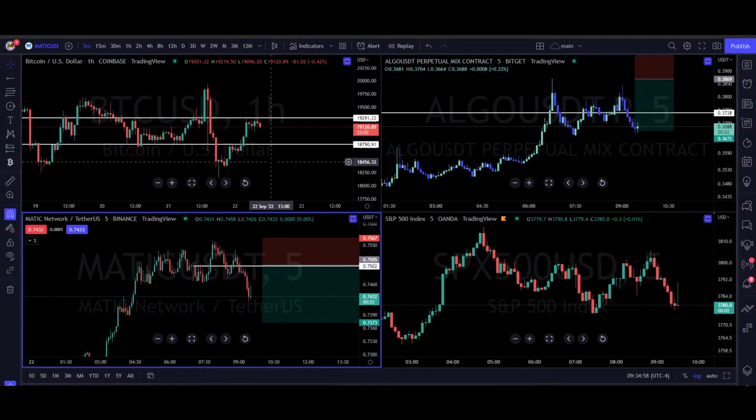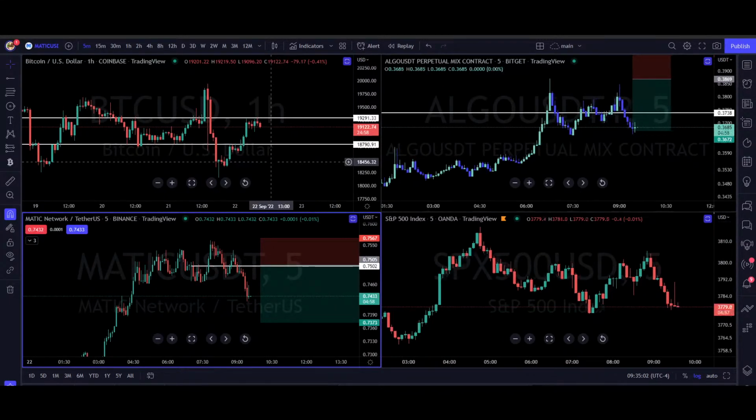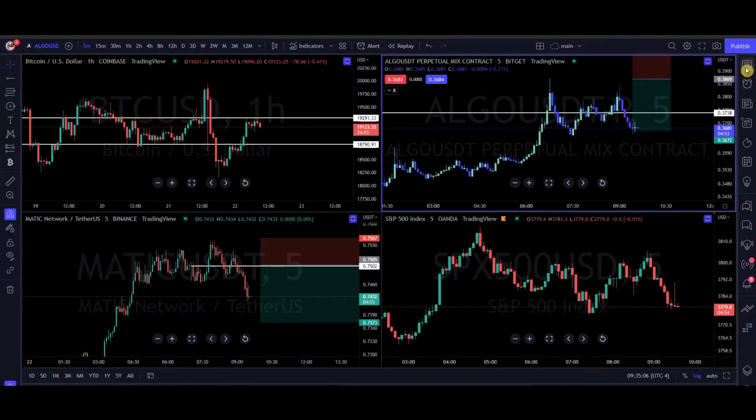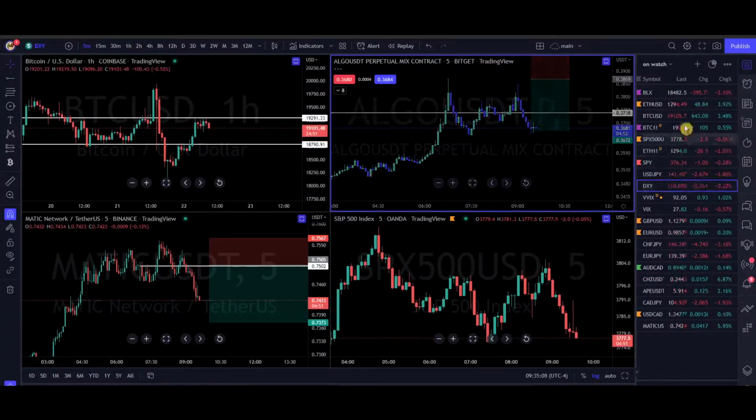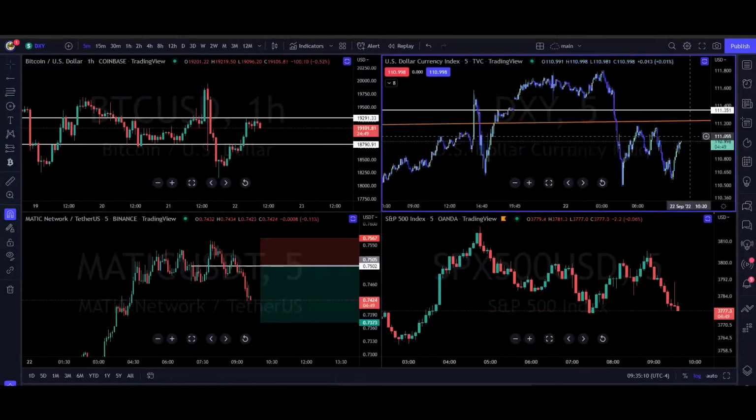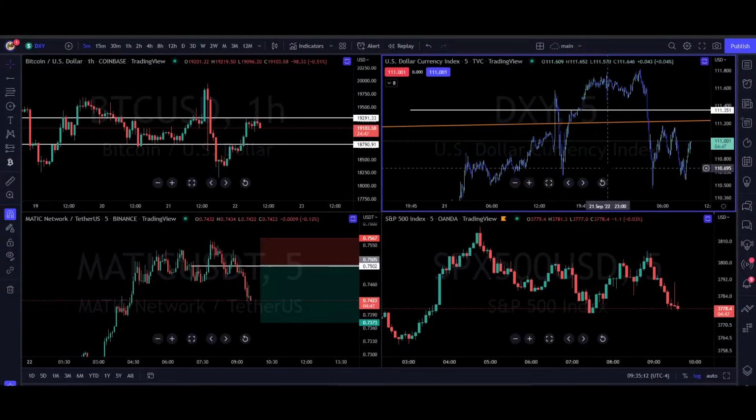Let's see here. Dollar reverse course. Yeah, if it pushes down to my profit target, I'm not going to be looking to get short because that's the profit target.